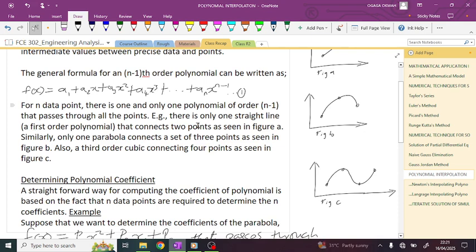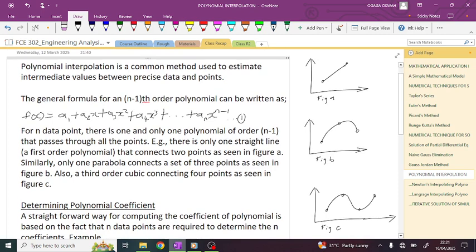Makes sense? Look at this. There is only one straight line that connects these 2 points, as seen in figure A. Similarly, one parabola connects a set of 3 points, as seen in figure B. Also a third order cubic connects 4 points, as seen in figure C, which is this.